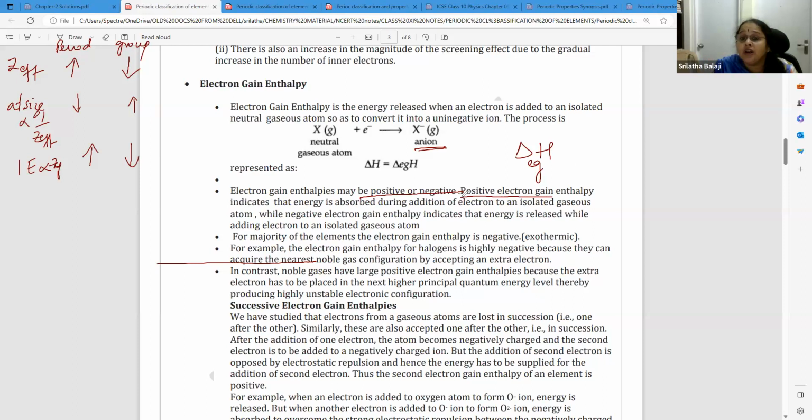So the positive electron gain enthalpy is only possible for inert gases, nowhere else. Only inert gases will have positive electron gain enthalpy. Is that clear? Noble gases have large positive electron gain enthalpies. Just remember this. Now, leaving inert gases, for every other element, it will be negative. Okay? Is that clear?